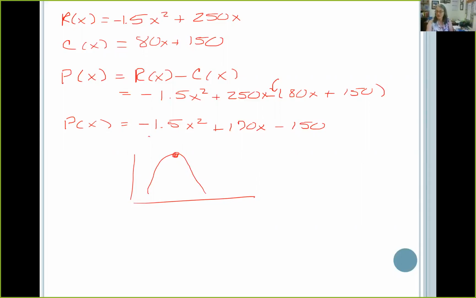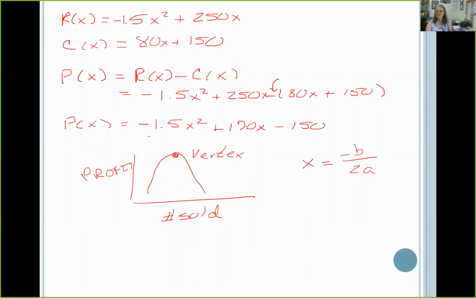So let's find that. That point is called what? The vertex, right? This is number sold, and this is profit. So let's figure out the number sold that will maximize my profit. That's at the vertex, which we can find from negative b over 2a.